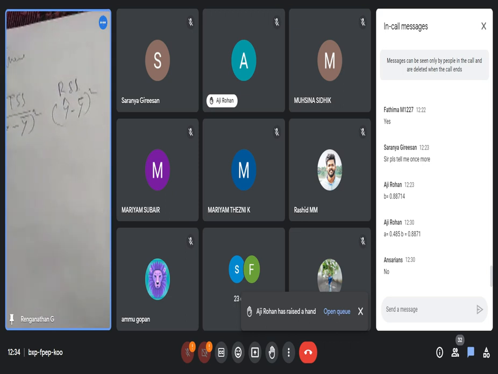These columns are there. But before doing that, you have to find one more thing, which is the mean of x and y.